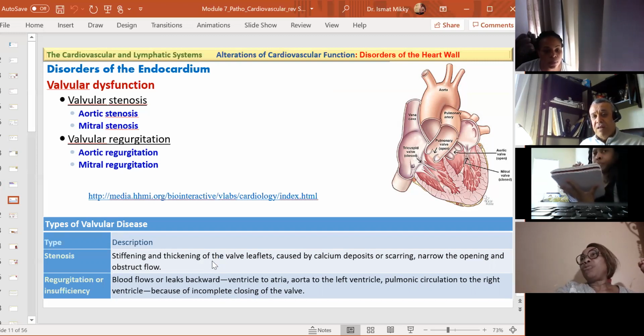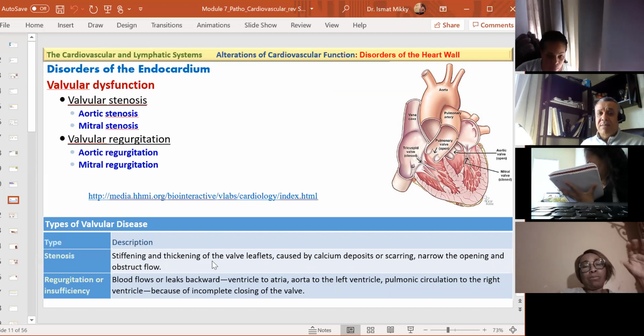The aortic valve either becomes stenosed, or there are changes to the valve leaflets which result in regurgitation. When we say regurgitation, it's the same as insufficiency. Mitral insufficiency is the same as mitral regurgitation.